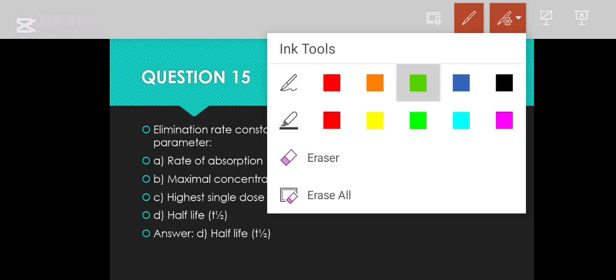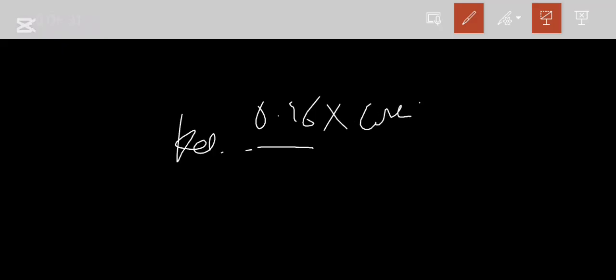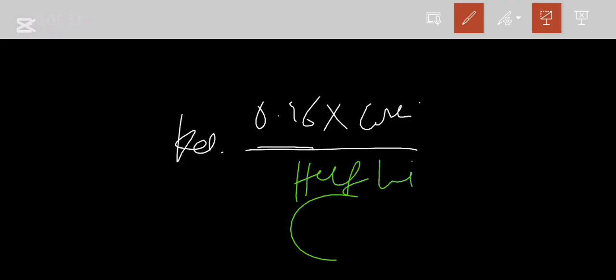What I mean is like this. If we have the elimination constant, then we have a coefficient of 0.693 times a coefficient, then divided by half-life. So how small or big the half-life is matters.